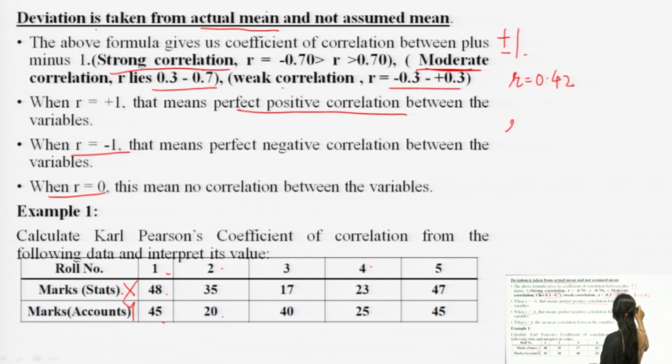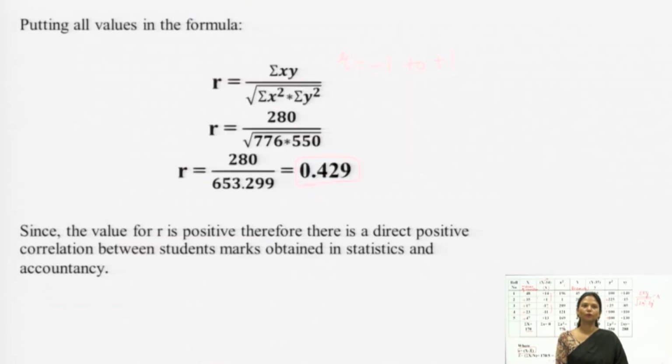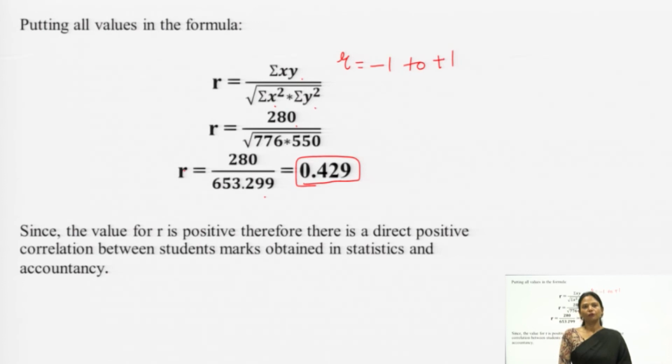That means the correlation between the two variables, marks of stats and marks of accountancy, is moderate. Therefore, the value of r is positive and hence there is a direct positive correlation between the student marks obtained in statistics and accountancy.